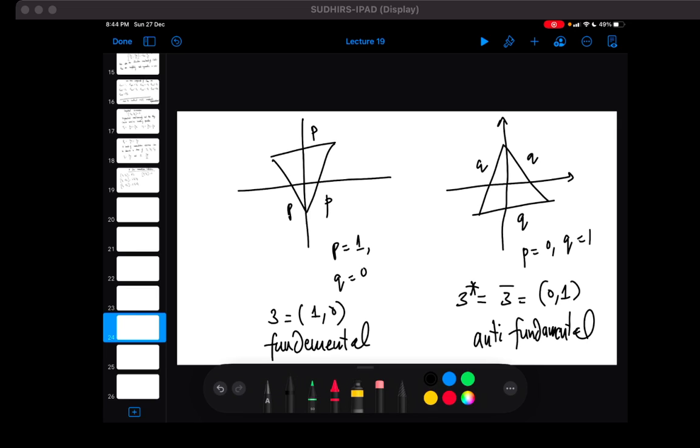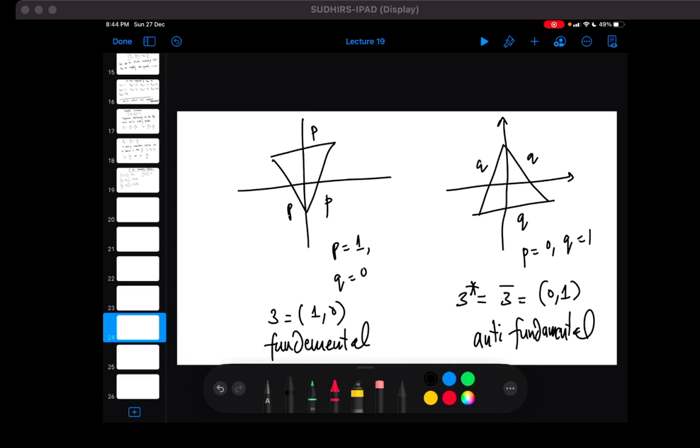When p or q takes unit values, these triangles are of unit length, and these are the fundamental representations of SU3. Again remember that the 3 and 3 bar are not the same representation; they are complex conjugates, not the same.